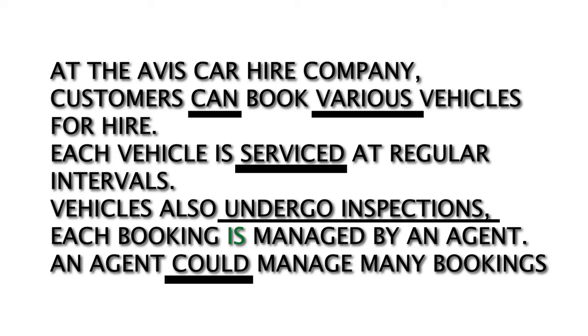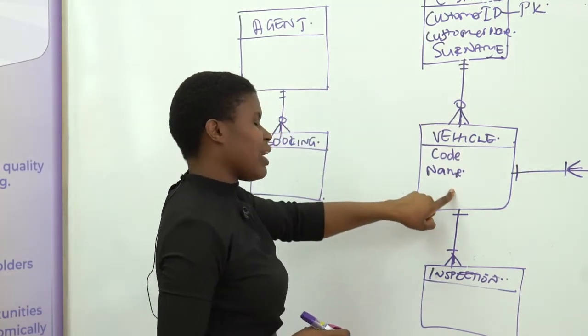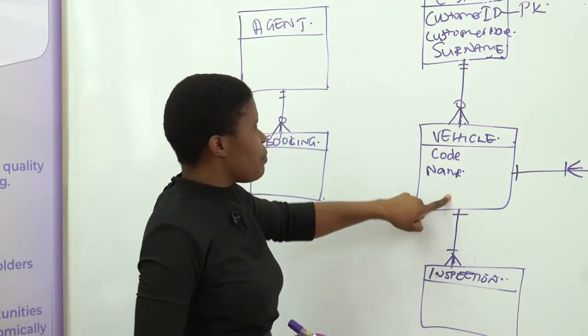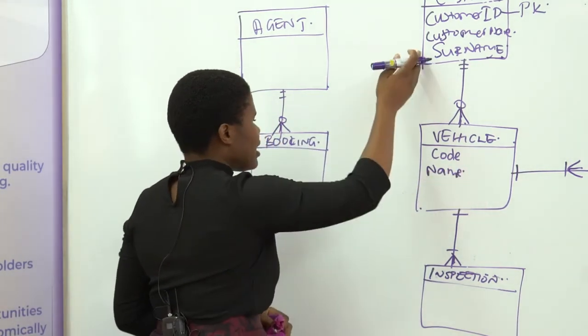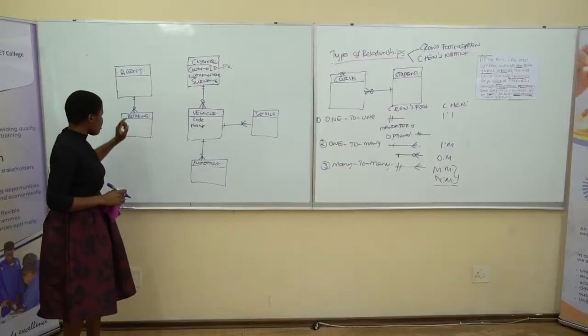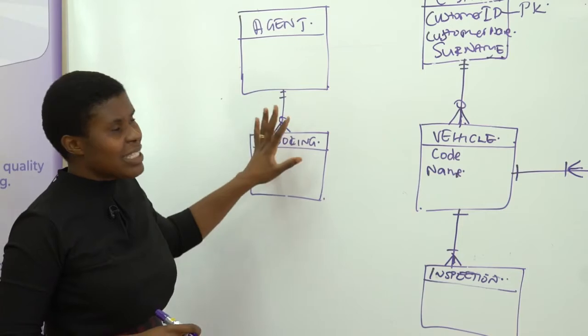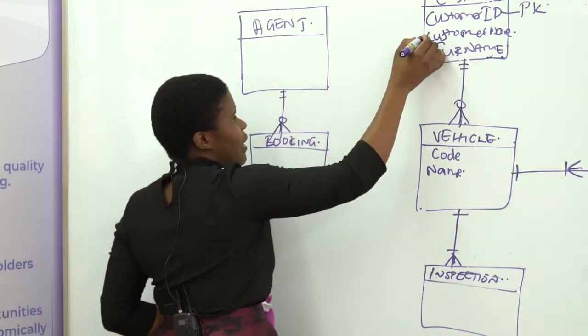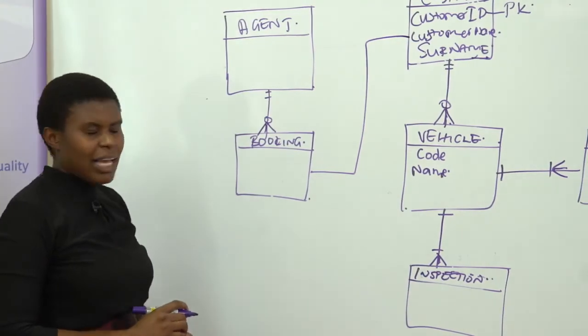So remember, who is making a booking? If you can see, we have an agent making a booking, we have a customer hiring for a car. So we have a relationship between the customer and booking, because before I get a vehicle, I need to go through booking. Because I also have to register my details. I have to make sure that I'm in a database. So a customer does have a relationship with booking. Why?